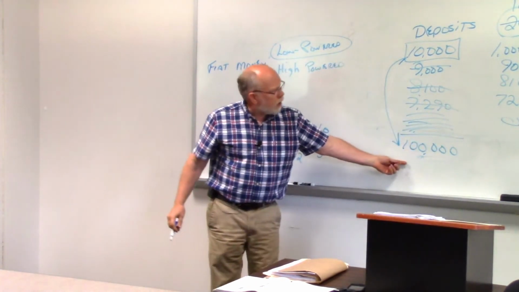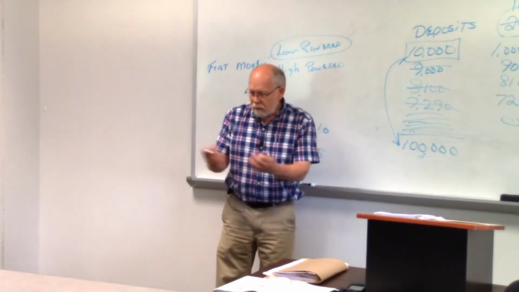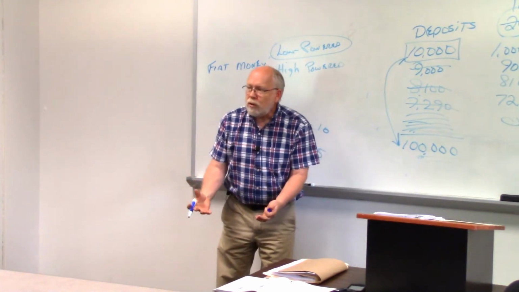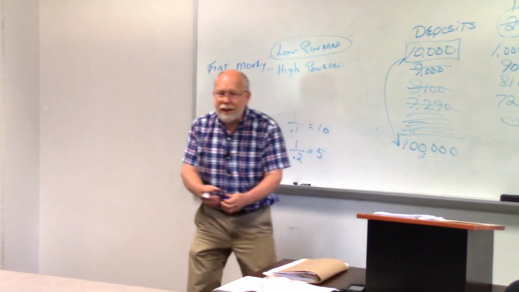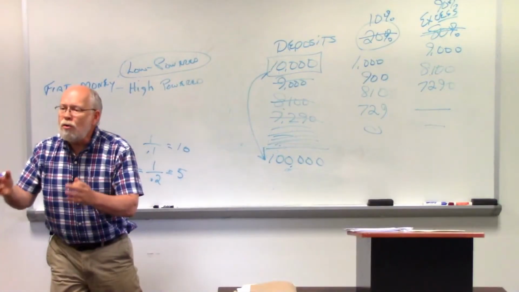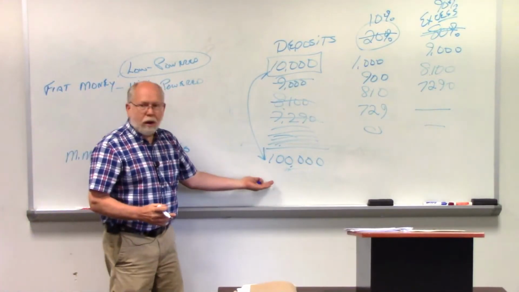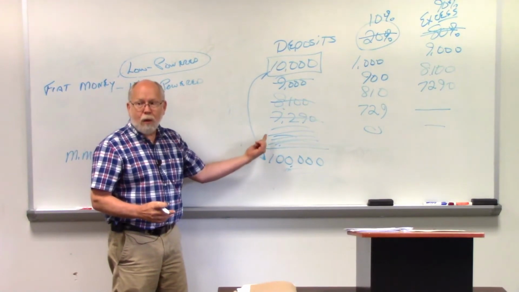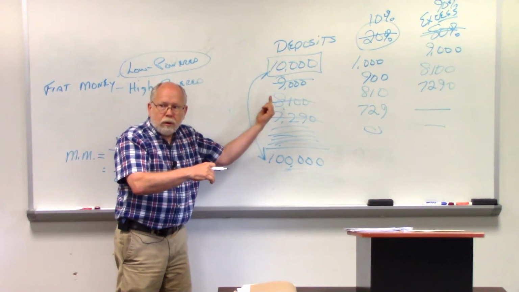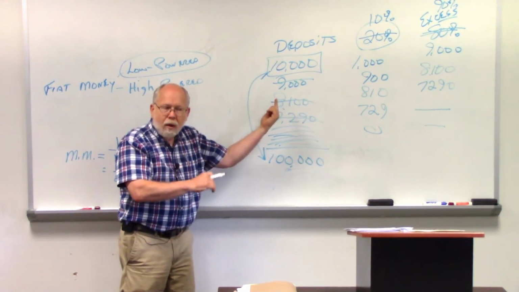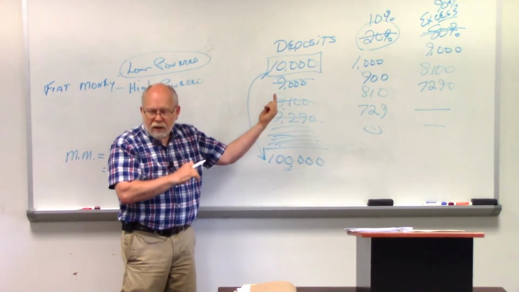The $100,000 in our Dodge City is going to do the opposite of what it did when we made the loan. When we made the loan, it increased the money supply. When the loan is paid off, the money supply goes all the way down to the original high-powered money that we began with.